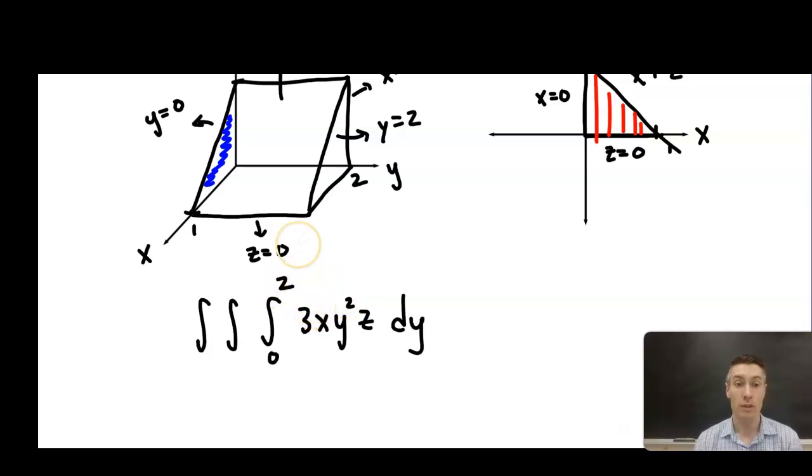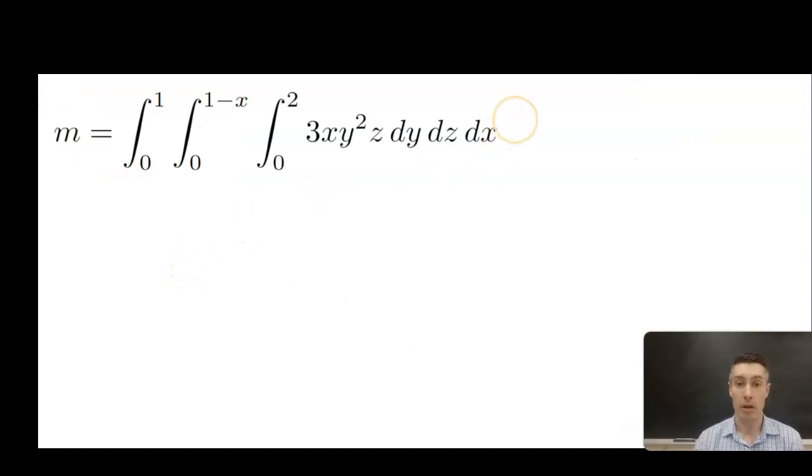So those are the 2 surfaces that define y. And then on to the xz plane, we're going from 0 to 1 minus x, if we go dz dx, and then 0 to 1. Right? We're going to need this value to find the center of mass. So one last example where we'll fully integrate, and then we'll skip the integration steps for the remainder.